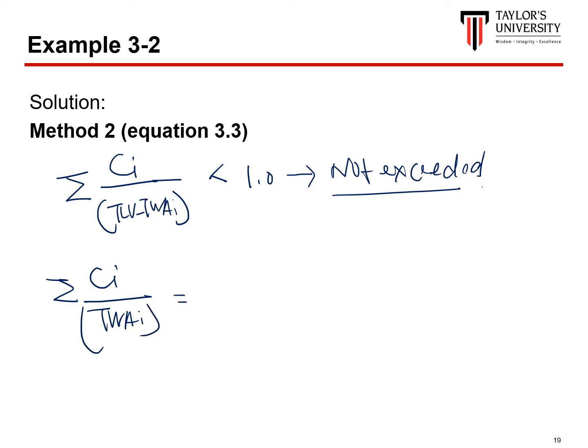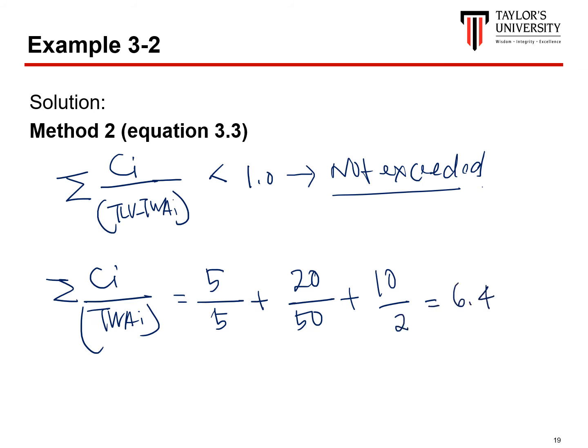So we have 5 ppm over 5 plus 20 over 50 plus 10 over 2. So the total here is 6.4. And again, this is way larger than 1.0. So again, this value shows that this level is exceeded.